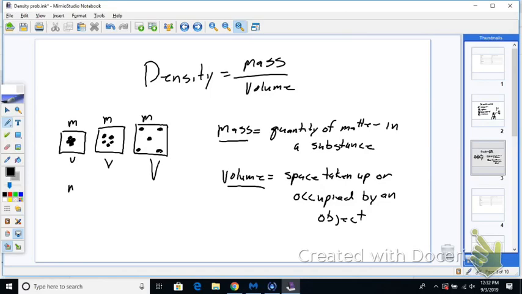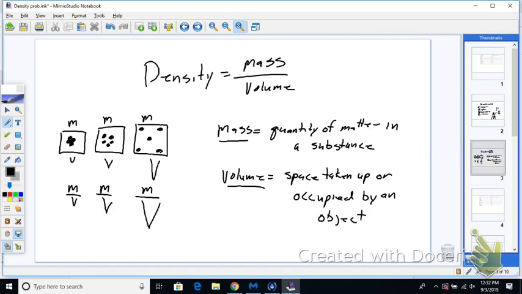Now we got little m over this V. This one we got little m over a bigger V. And then this one we got little m over a big V. So you can see why the densities get less as we go from solid, liquid to gas. If this V is big, what does that do to this overall number? Makes it smaller. If this V is small, what's it do to the overall number? It's bigger. Right?